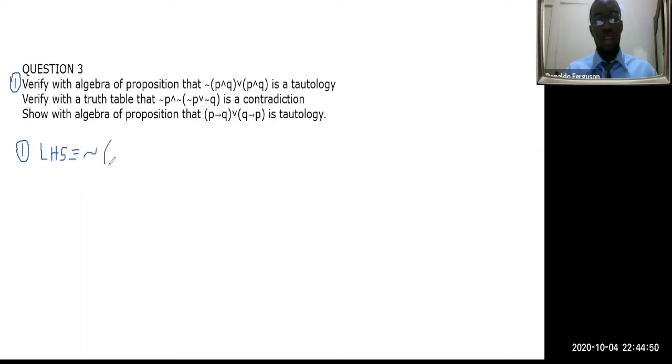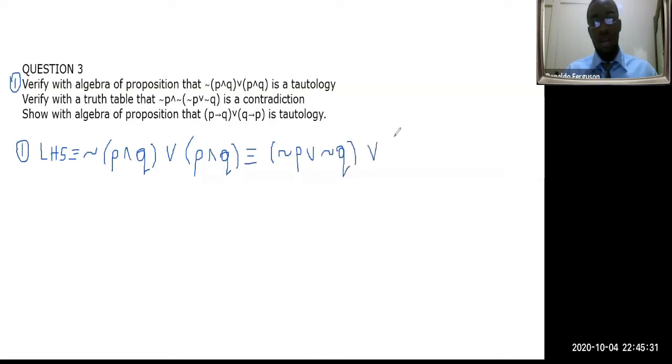So we have the negation of P and Q or P and Q. And so this is now logically equivalent to the negation of P or the negation of Q, because the negation of and is or. And then we have or P and Q.